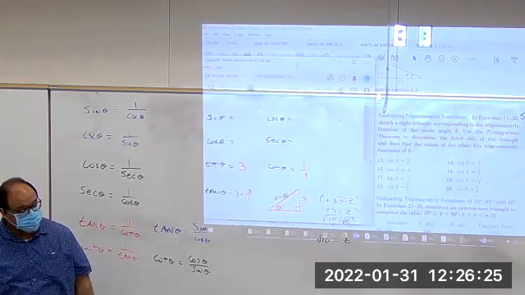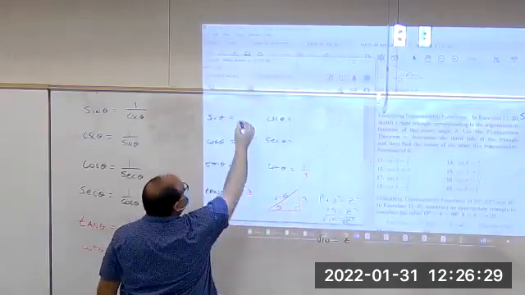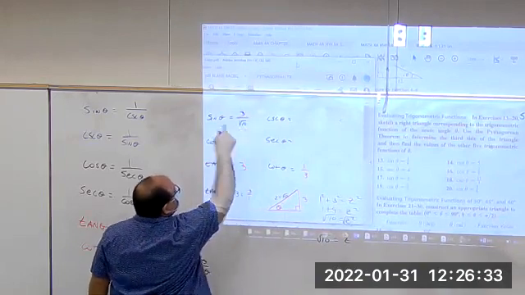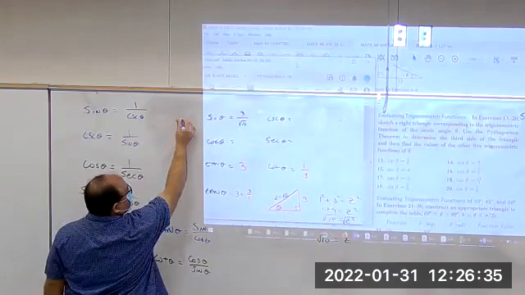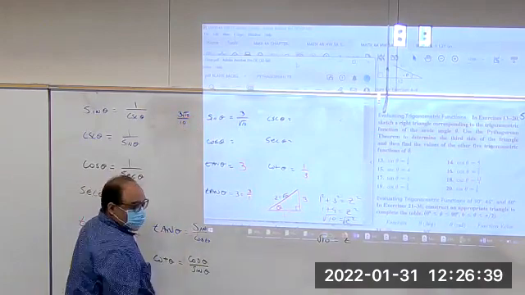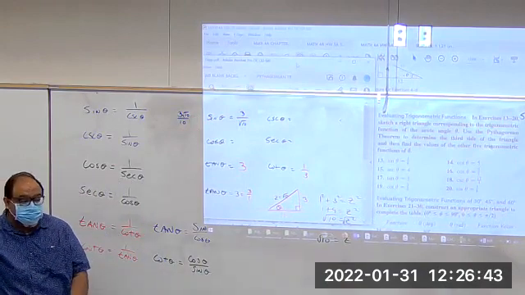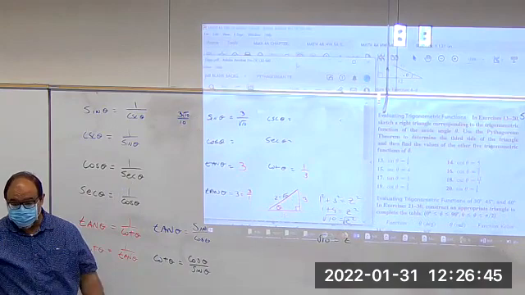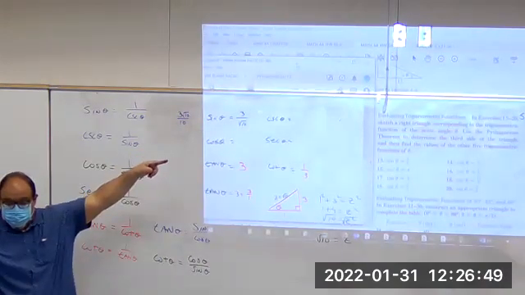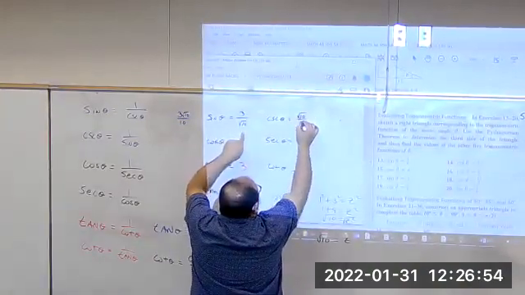Opposite 3 over square root 10. If you did rationalize, it would be 3 square root 10 over 10. That's what it would look like if you rationalize. Here's why I don't think you want to rationalize. The cosecant is the reciprocal. Flip this over. We get square root 10 over 3.